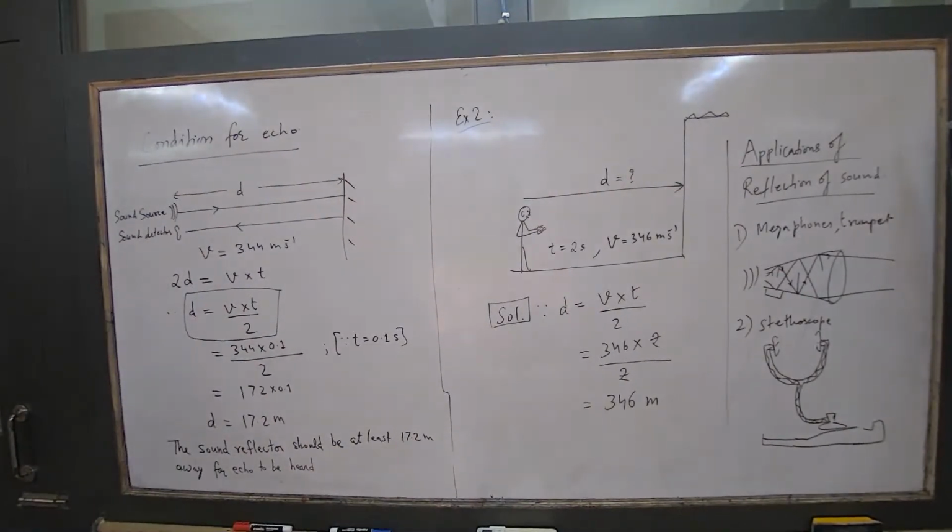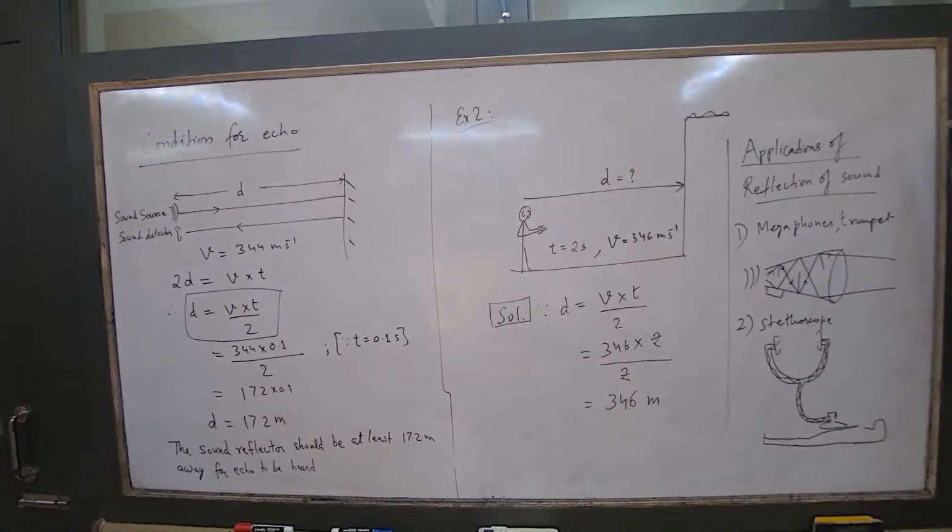Ceilings of concert halls and cinema halls are curved. You can see the diagram in the book.